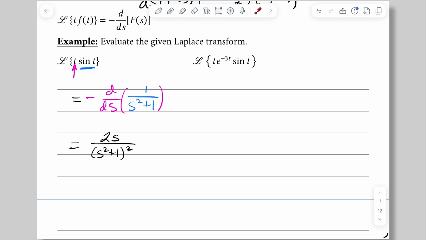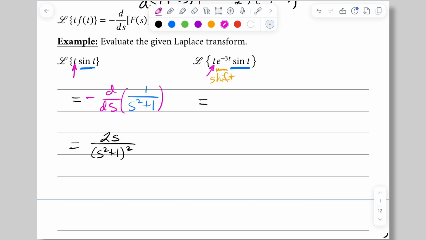For this next example, we've got the Laplace transform of t e to the negative 3t times the sine of t. All right, breaking this apart. The sine of t is what we're actually transforming. The factor of t tells us we're going to find the negative derivative. What about the e to the negative 3t? Well, that's a shift.